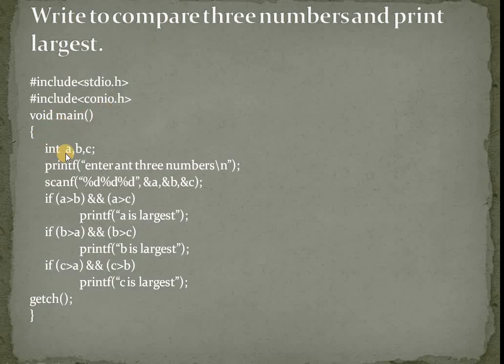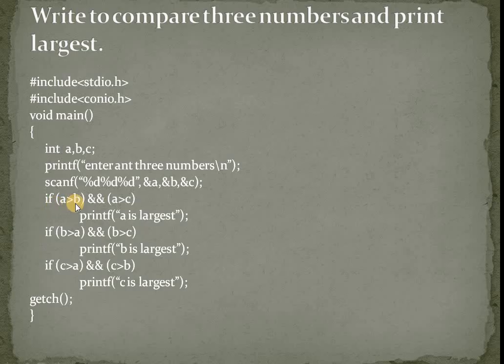Void main, we are going to take three numbers, so we have used three variables A, B and C of data type integer. Give an instruction to the user by using a printf statement, enter any three numbers. By using the scanf function, input the three values A, B and C. Now we are here going to use the logical operators.